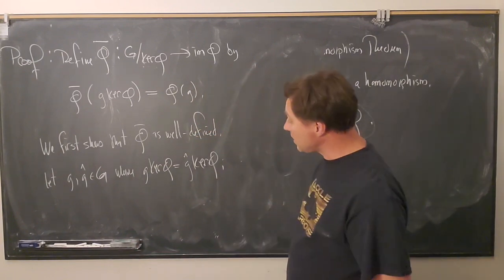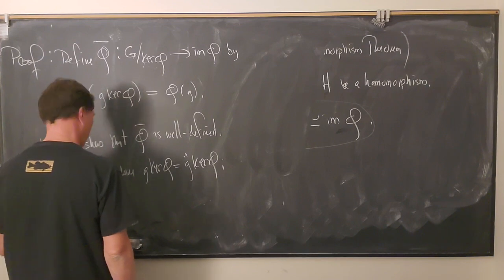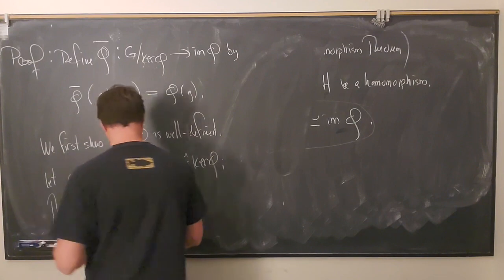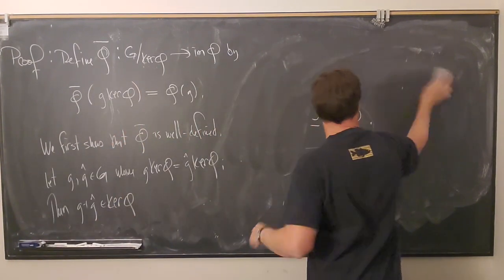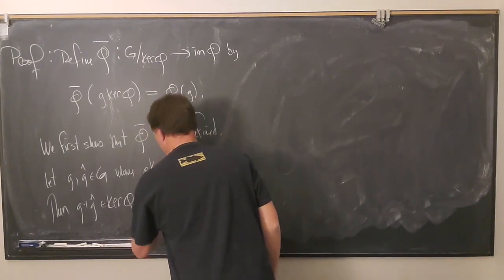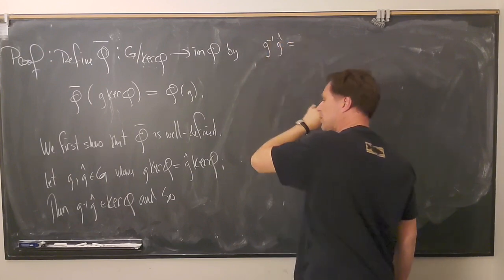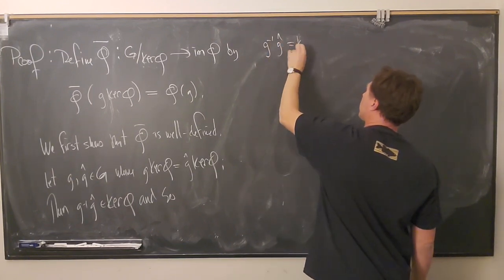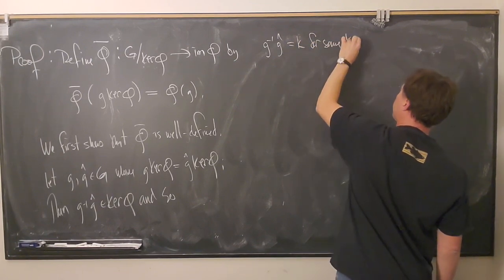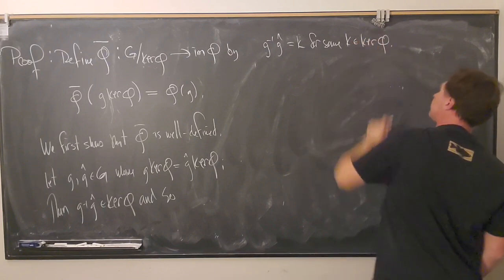Okay, so what does that mean? Then g inverse times g hat is an element of kernel of phi, and so g inverse g hat is equal to, let's call it little k, for some little k in the kernel of phi.